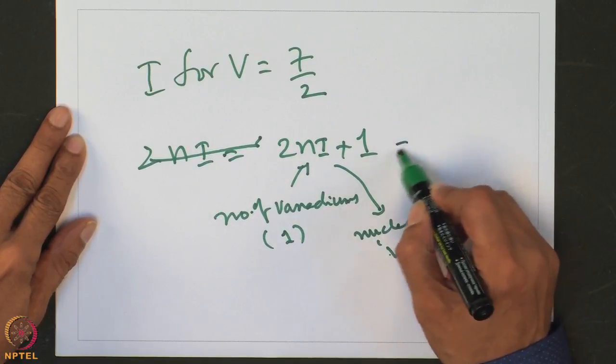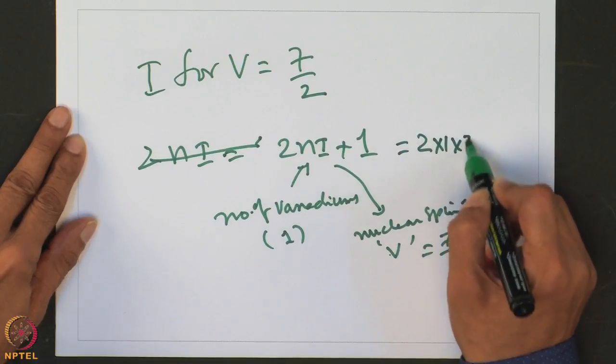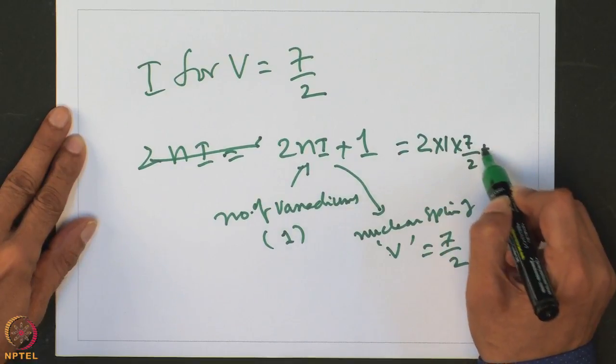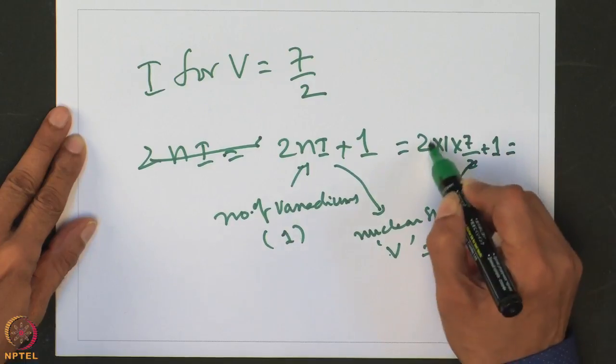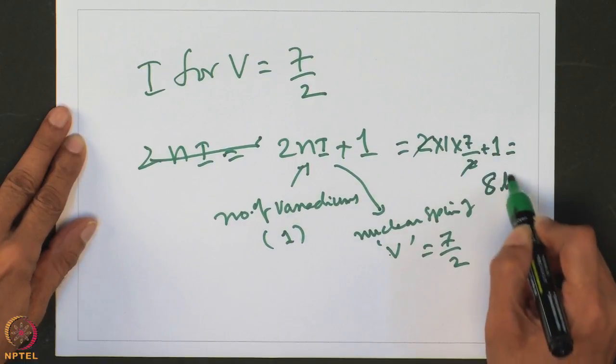So that is equal to 2 into 1 into 7/2 plus 1, and that will be 8 lines.